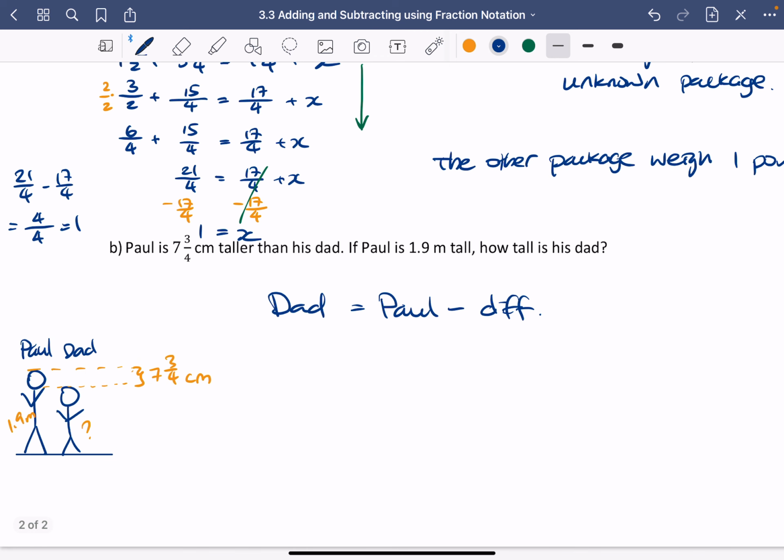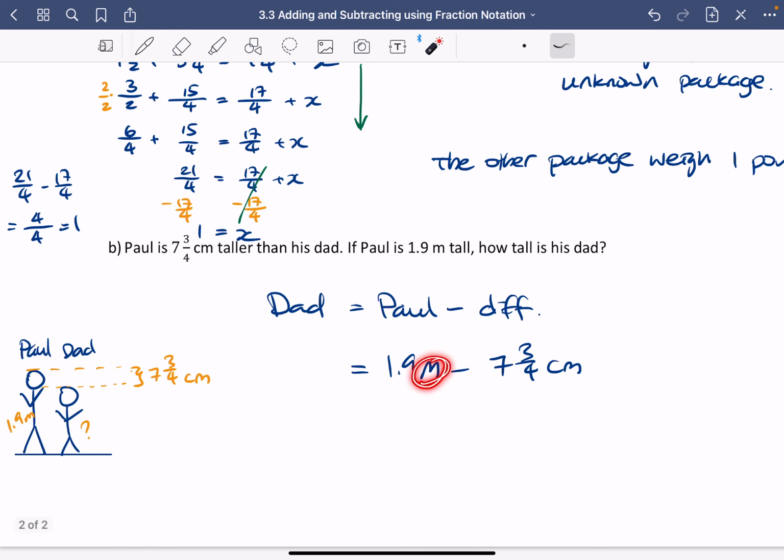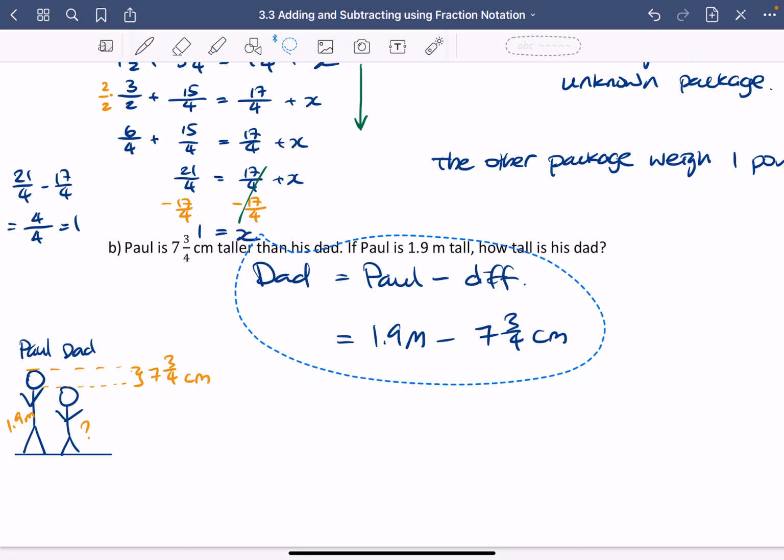Paul is 1.9 meters, and the difference is 7 3/4 centimeters. But notice how meters and centimeters are in different units. If they are in different units, you can't really add or subtract them, right? So you have to change them all to the same unit.